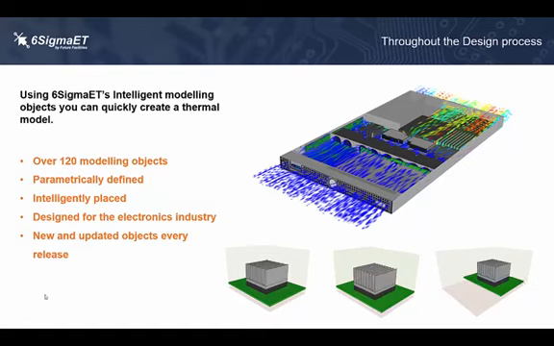These objects can be easily parametrically defined based on data you've got, perhaps from data sheets, and importantly, because we're designing for the electronics industry, these can be intelligently placed and intelligently moved around, as you can see in the graphics on the bottom of the screen. So it's really easy to create a 6SigmaET model, even if you haven't got the CAD designs and the PCB designs.